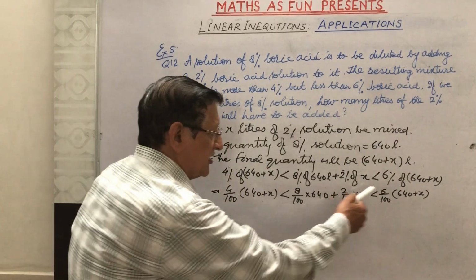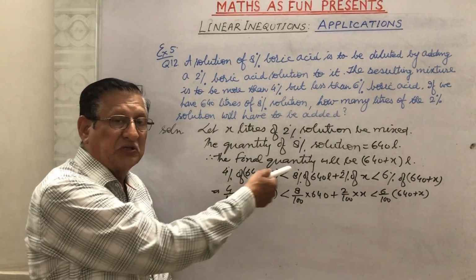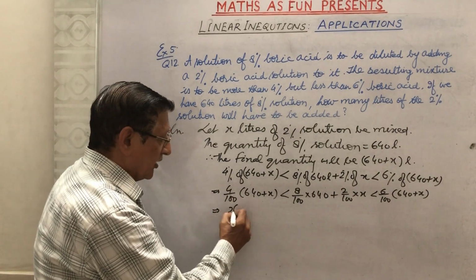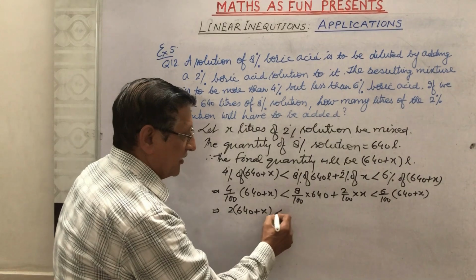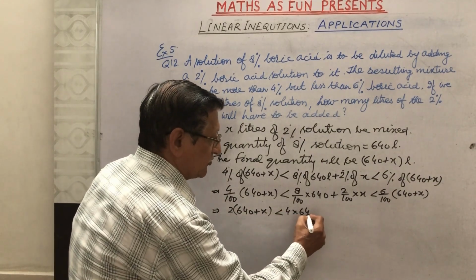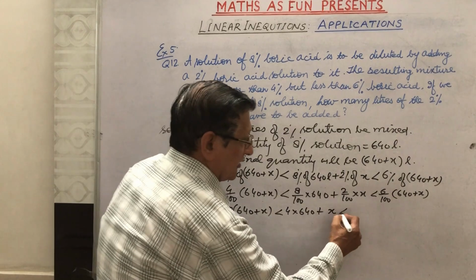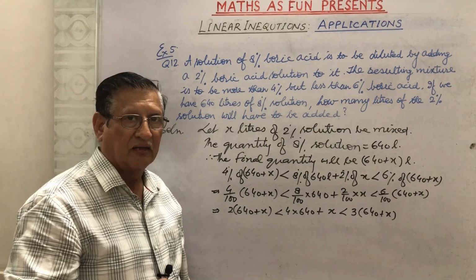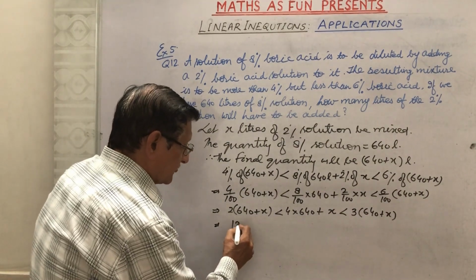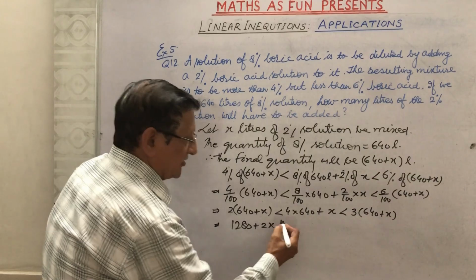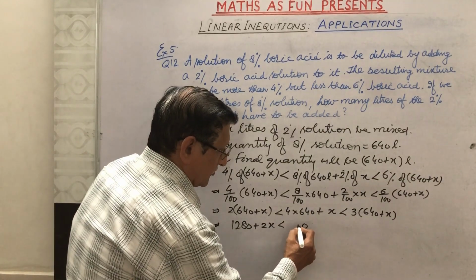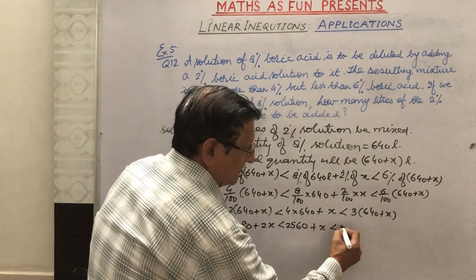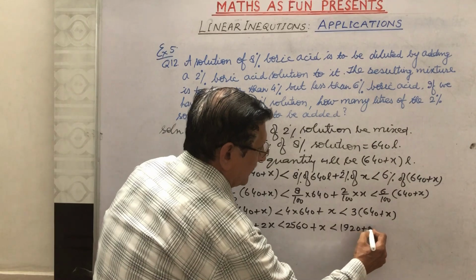If we multiply each part by 100 and divide each part by 2, then we are going to have 2 into 640 plus x is less than 4 into 640 plus x, less than 3 into 640 plus x. Simplifying this, we are getting 1280 plus 2x is less than 2560 plus x, less than 1920 plus 3x.